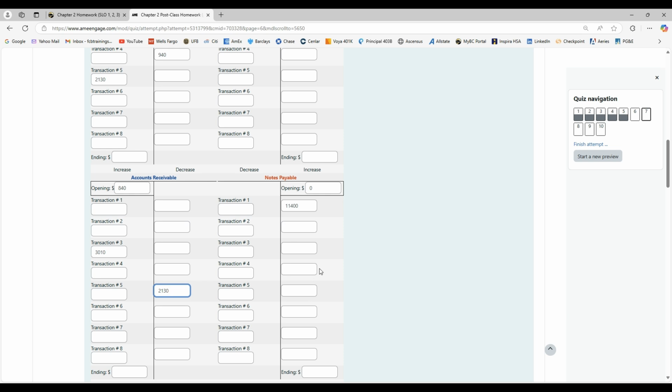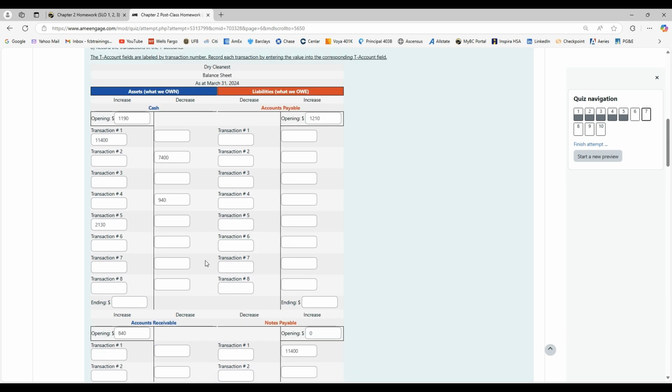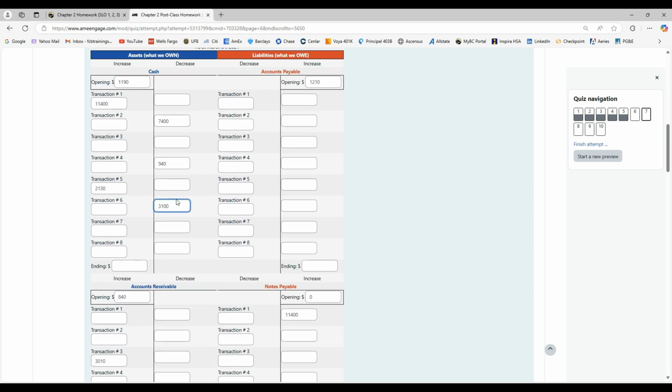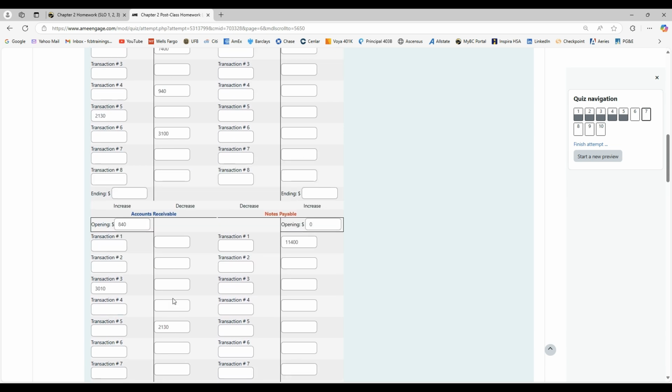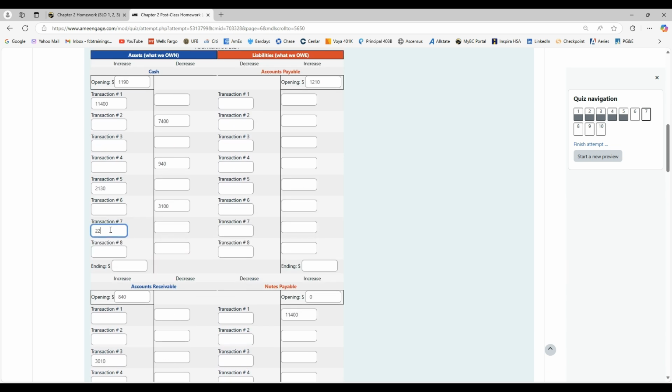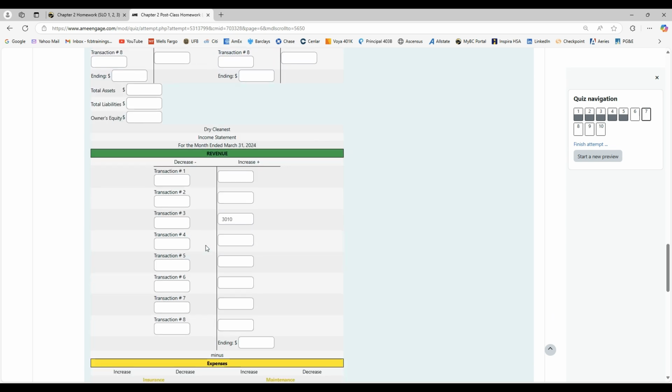Okay, and then we paid $3,100 in advance for 4 months rent. So we paid the cash, so decreased cash, and then we have prepaid expenses going up, in this instance prepaid rent, by the same amount. We recorded $2,270 of cash sales, so cash will go up, and then revenues of $2,270 get recorded.